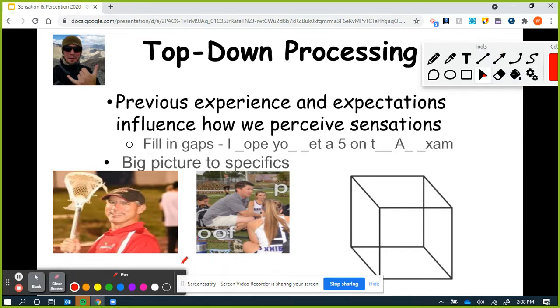As we gain more and more experience, most of what we do is top-down processing. When you have certain expectations for things, that can predispose you to think certain things. Most of what we've talked about in this class has been top-down processing: how our expectations, how our brain puts things together to fit our expectations.